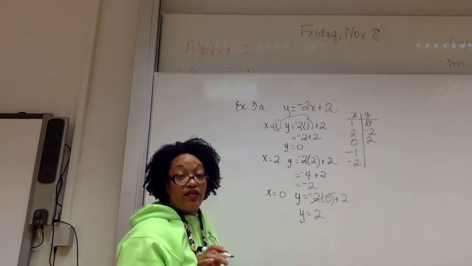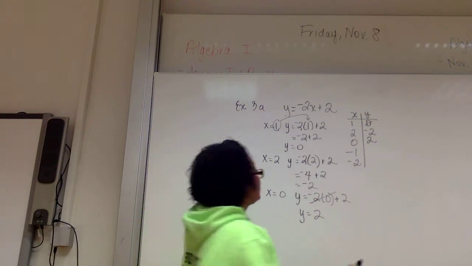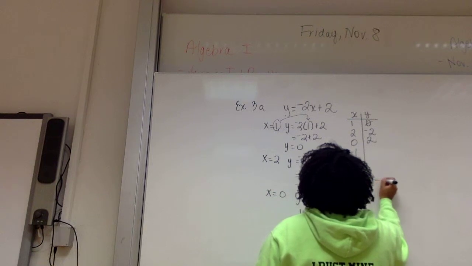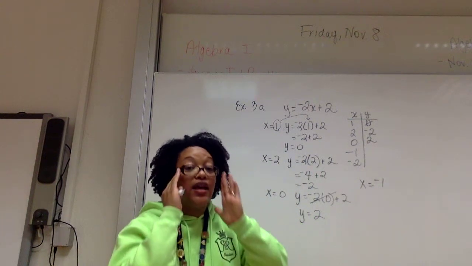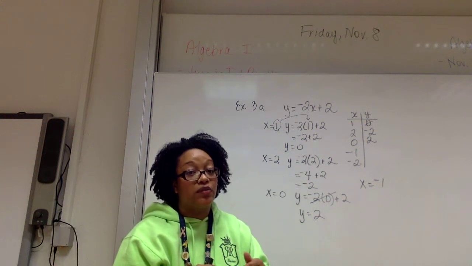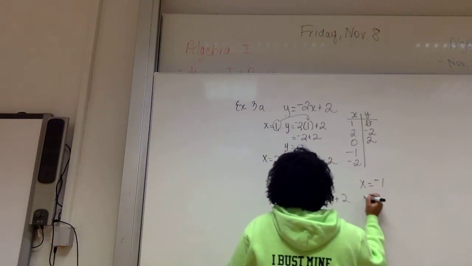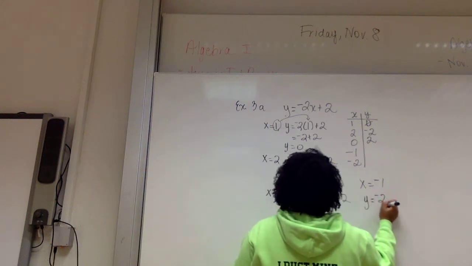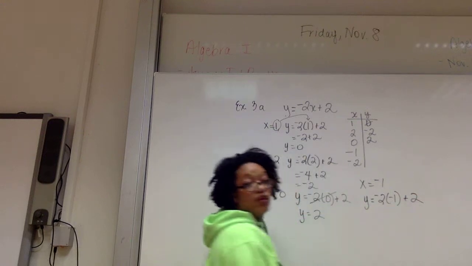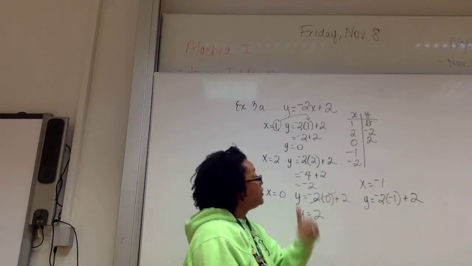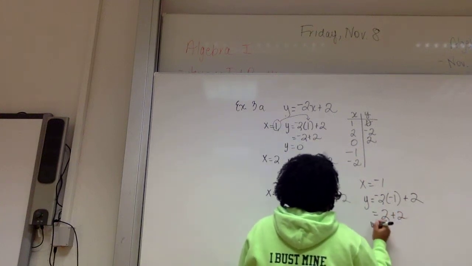All right, 2 more values of X, 2 more values of Y. When my X is equal to negative 1, now you've got to start being careful because you've got a negative 1. You've got to remember all your rules when you're multiplying and subtracting and adding negative numbers. When X equals negative 1, Y is equal to negative 2 times that negative 1 plus 2. Well, negative 2 times negative 1 gives you a positive 2. Add 2.